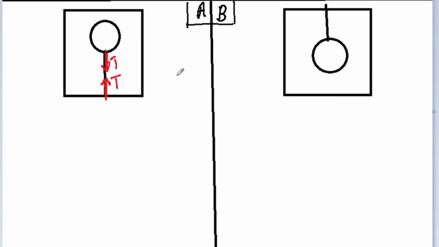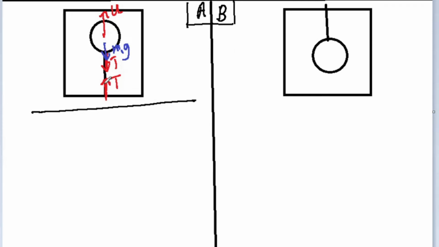And since this ball is immersed in the liquid, there will be an upthrust on the ball by the liquid, and also the ball will have a certain mass. Let's say it's m1, and it will have a certain weight. But what we actually need to understand is what are the forces acting on the balance by this system.